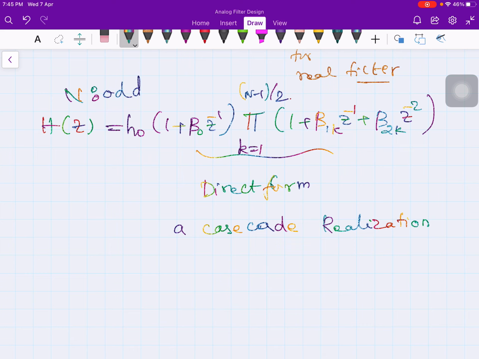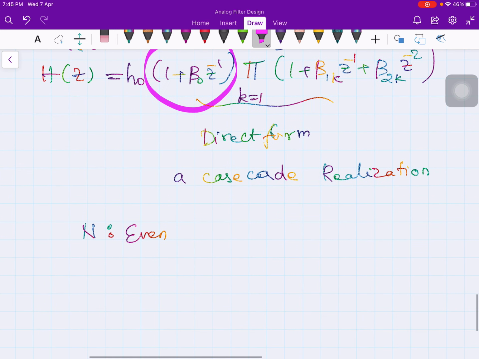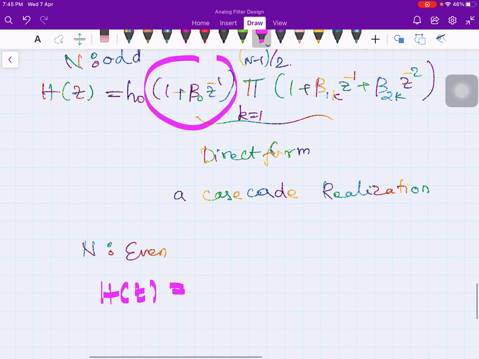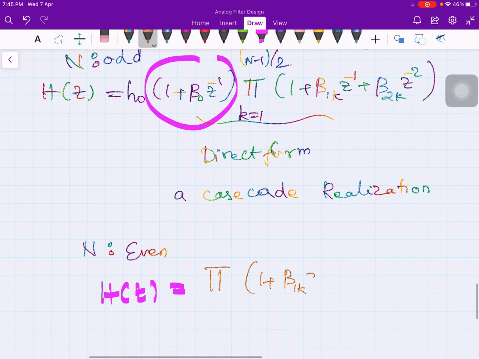On the other hand, if N is even, then you will not have this first order factor. Then all that you have is H of z equal to the continued product of (1 plus beta 1k z inverse plus beta 2k z to the minus 2), k equal to 1 to N by 2 exactly, because N is an even number.